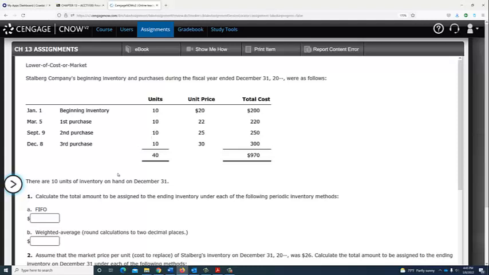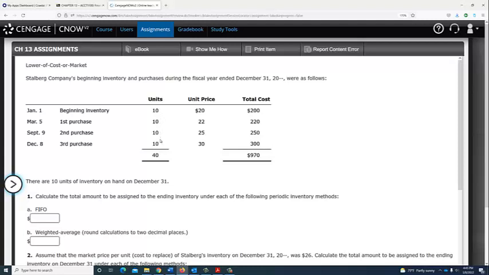One important thing that you always need to check when you're working with your inventory systems is to look to see how many units are left in ending inventory. So we have 10 units in ending inventory, which means that we must have sold 30. If we've got 40 units and we still have 10, then 30 were sold.